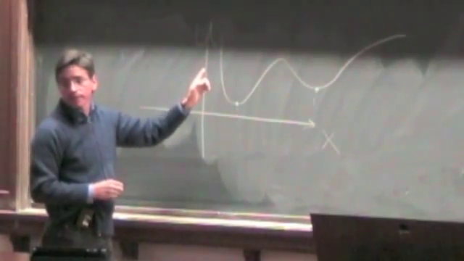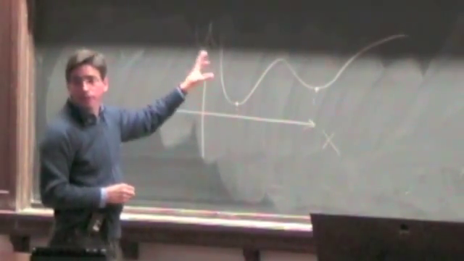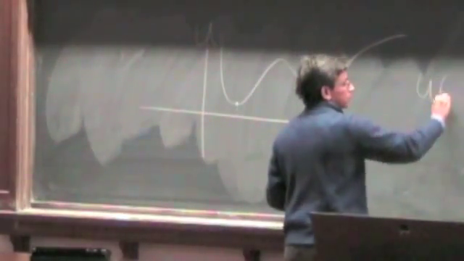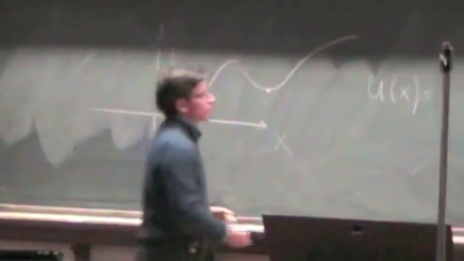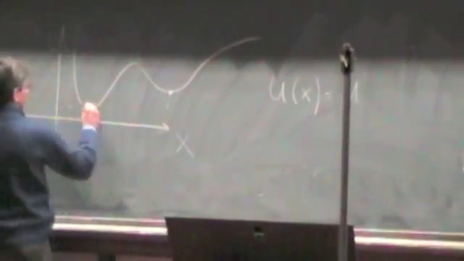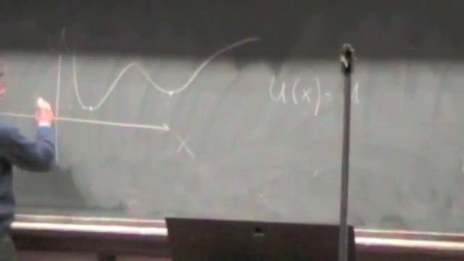If you're taking calculus, we're talking about a Taylor expansion of any function. The potential energy as a function of position, you can approximate it by saying that at this point it has some value.